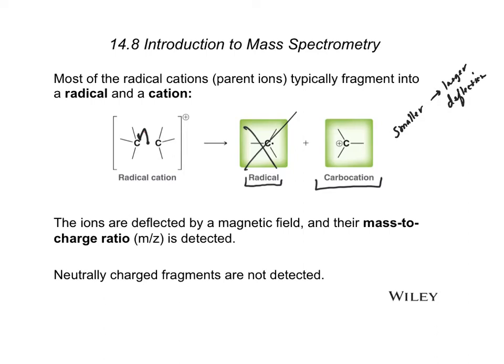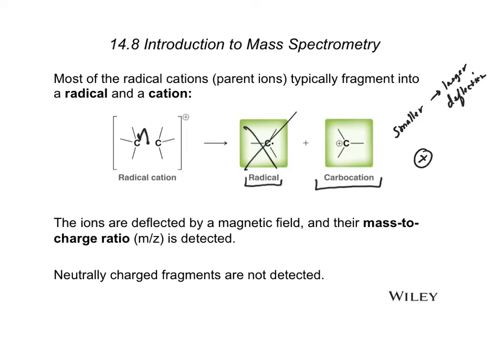Also, the more highly charged the molecule, the larger the deflection as well. But for the most part, with all of these fragments that we get in our mass spectrum, we're only going to be seeing molecules with this positive 1 charge, these carbocations or these molecular ions, etc.